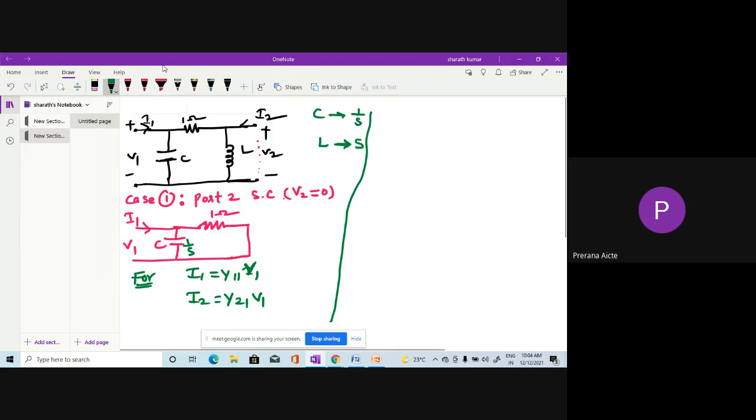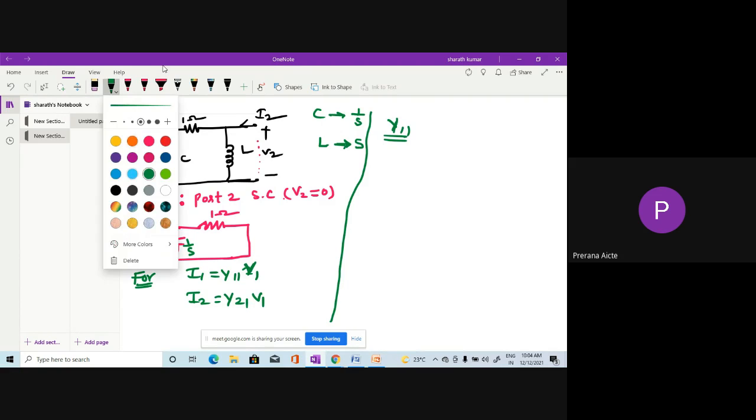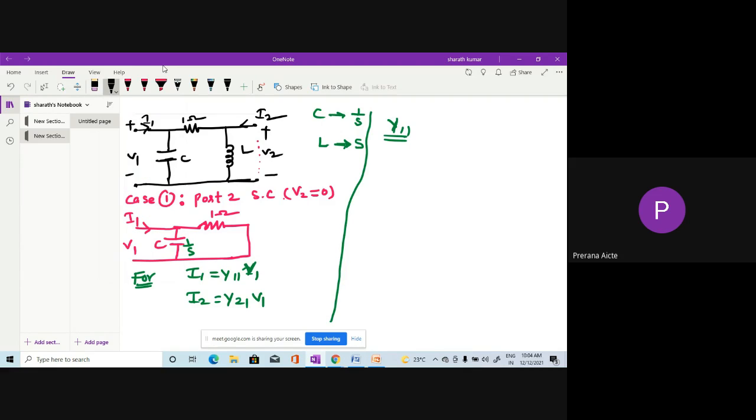No need to go for mesh and nodal analysis, all these things. We are calculating in a simple manner for finding Y11. So in order to find Z11, Z22, Y11, Y22, we approach with the equivalent method.